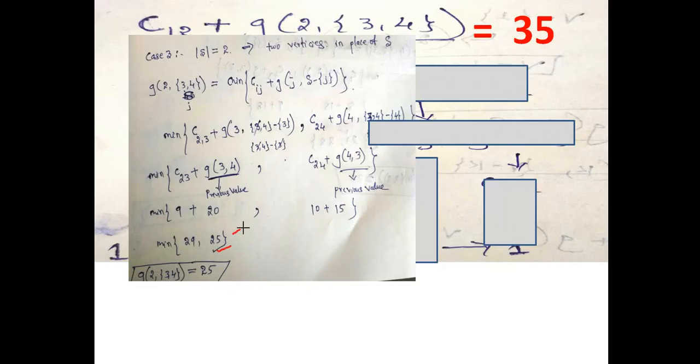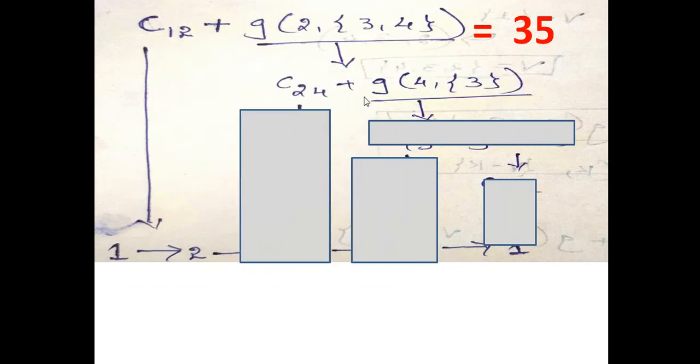Of the two values calculated, the minimum value is 25, and this 25 belongs to this equation, C of 2, 4 plus G of 4, 3. So below this you have to write C of 2, 4 plus G of 4, 3.